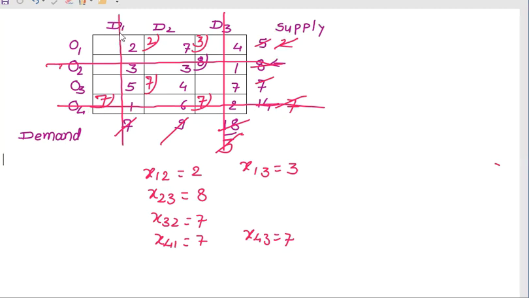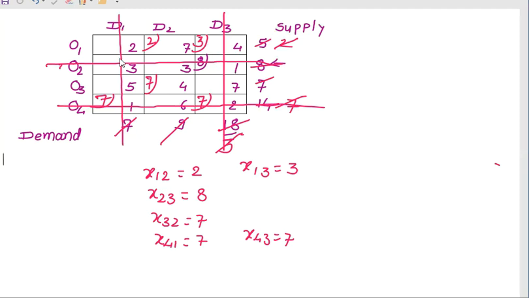Similarly, the column requirement. What is required at the first warehouse? 7 units required. So 7 units are transported from O4 to D1. What is required at D2, the second warehouse? 9 units are required and out of 9, 2 are transported from the first factory and 7 units are transported from the third factory. So 2 plus 7 equal to 9. So the column requirement is also satisfied.